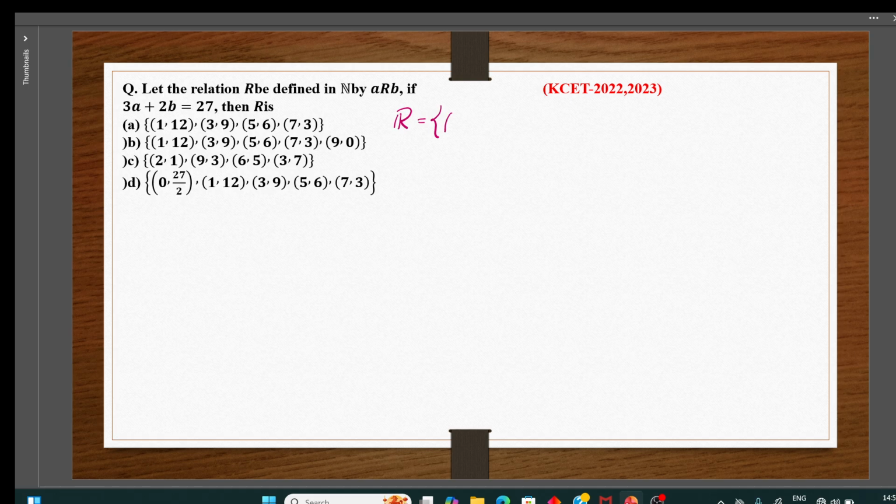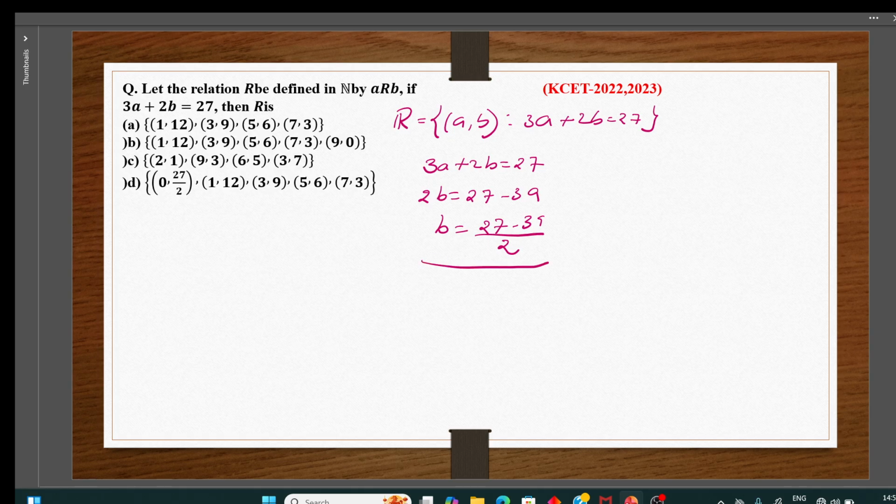Relation R = {(a, b) such that 3a + 2b = 27}. So consider this equation 3a + 2b = 27. So 2b = 27 - 3a, b = (27 - 3a)/2.